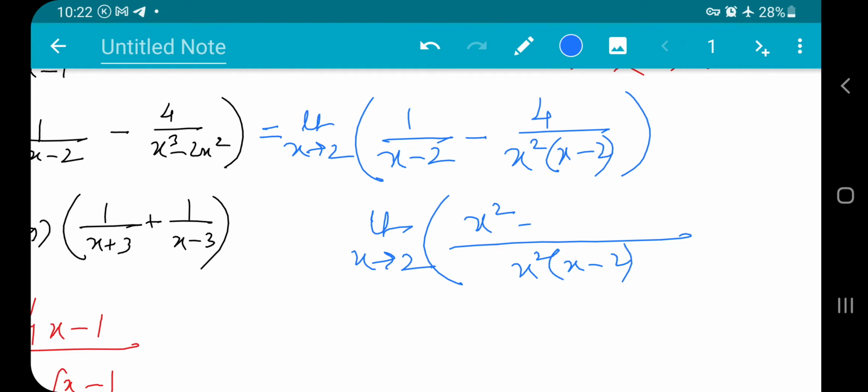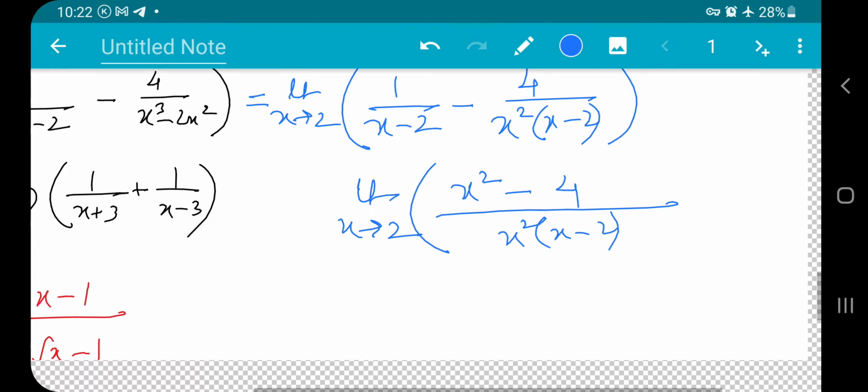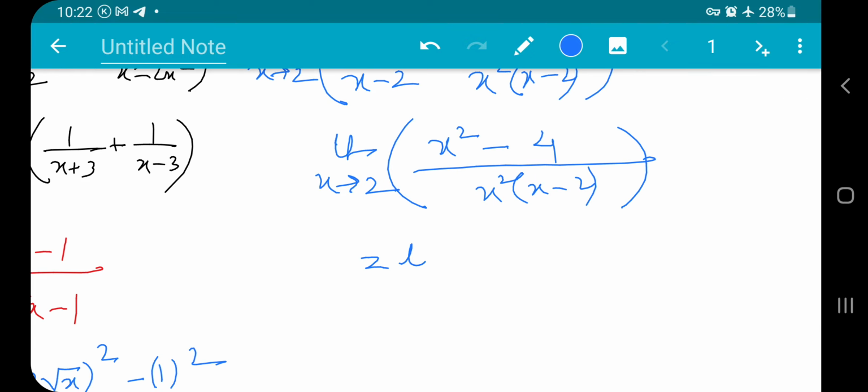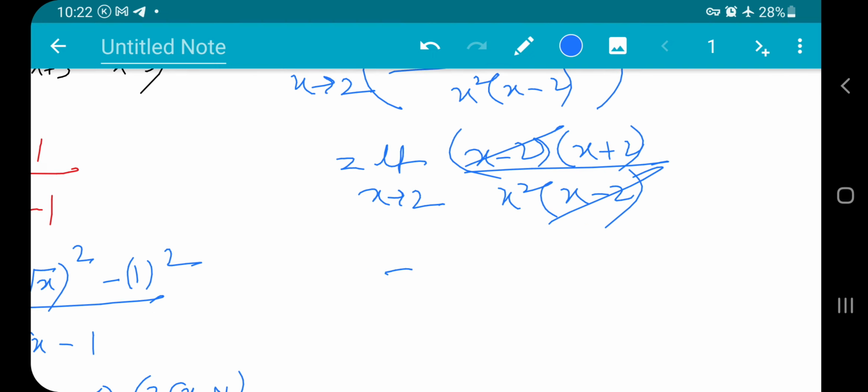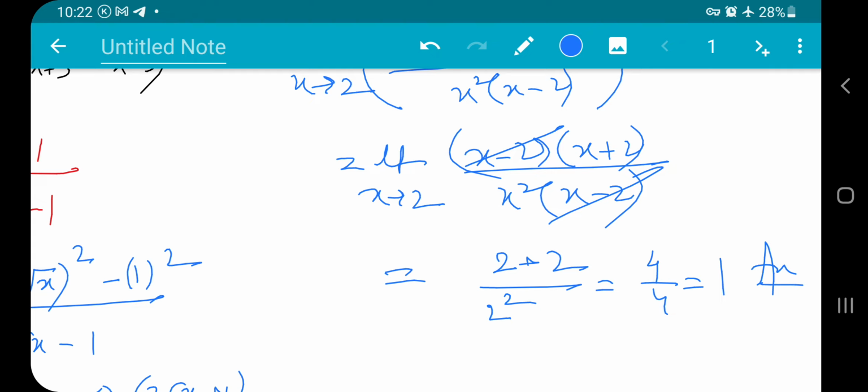What is left with x square? And it is 4. So it becomes limit x tends to 2, (x minus 2)(x plus 2) by x square (x minus 2). So x minus 2 gets cancelled. Now put the value. That is coming 4 by 4 is equal to 1. This is the answer.